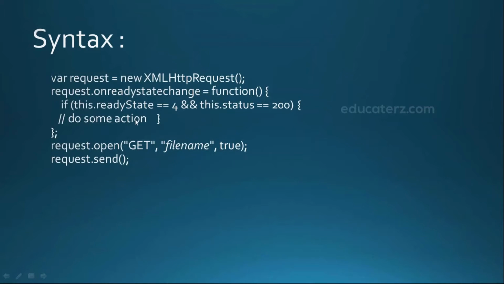Only when we check for success do we perform some action, because status 200 means OK, and readyState 4 means that we have received a response from the server. Request.open will initialize the request, and only when you call send will this request be sent; otherwise the request will not be sent to the server.